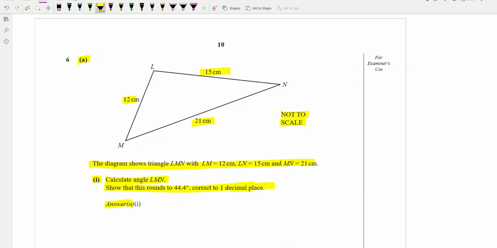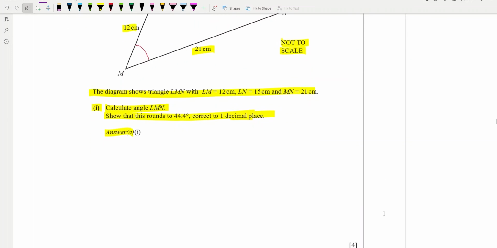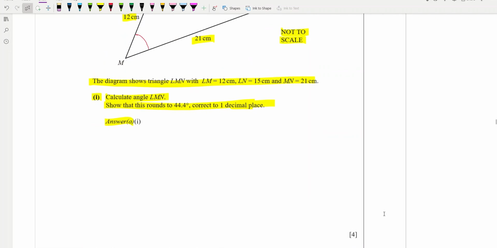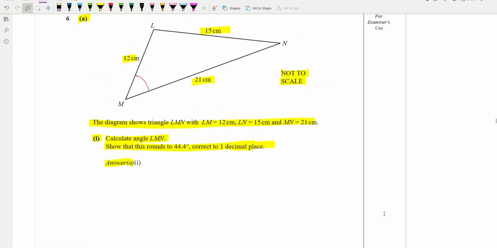So we have to show angle LMN. If we identify, LMN is basically this angle, so we can apply the cosine rule to find the angle, because we have all three sides. When we have all three sides, we can easily apply the cosine rule. So what is the cosine rule?